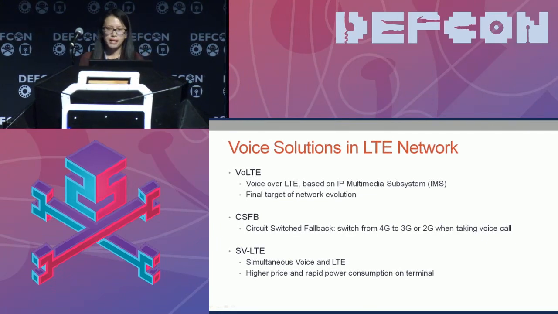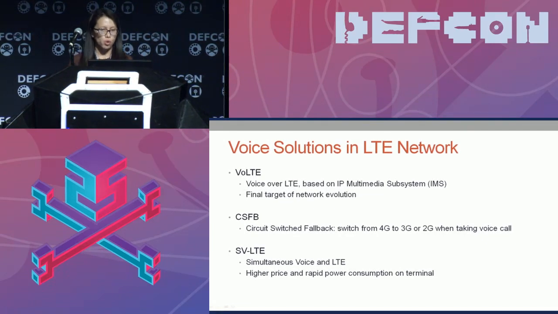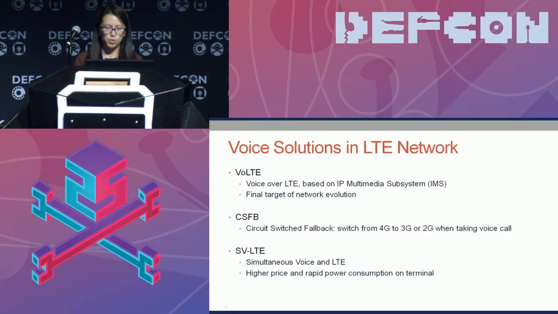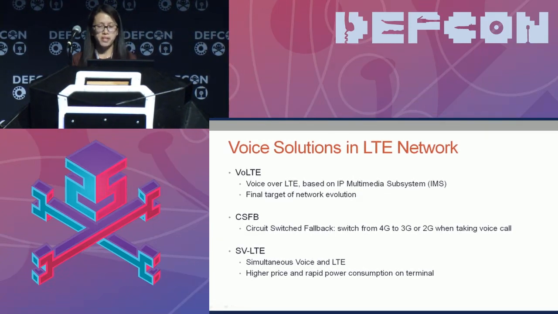The third solution is simultaneous voice and LTE. The cell phone keeps two connections simultaneously, one in 4G and the other in 3G or 2G. This solution has higher price and more rapid power consumption on the terminal because it has two baseband chipsets running.